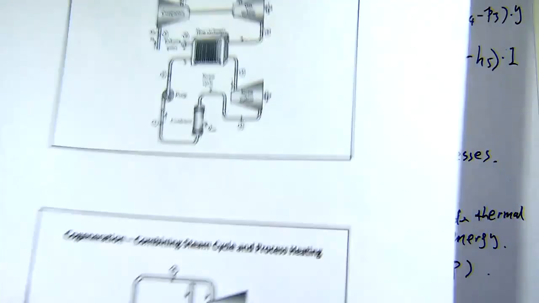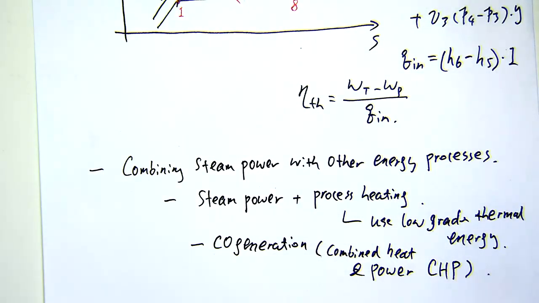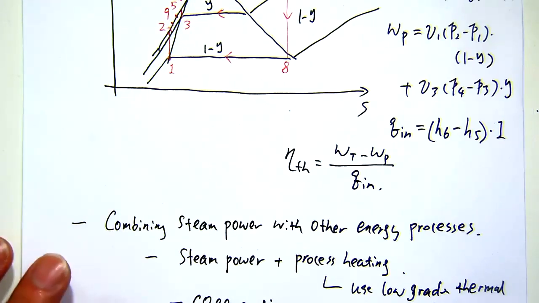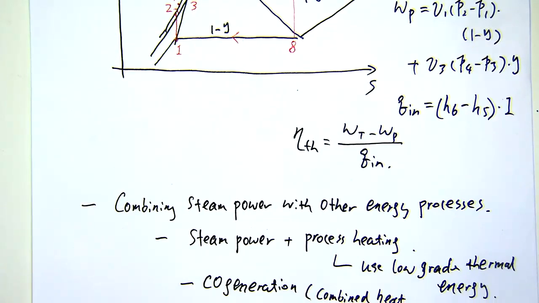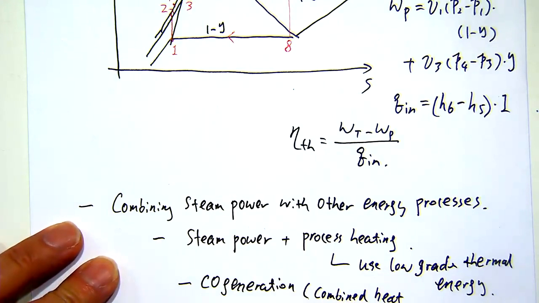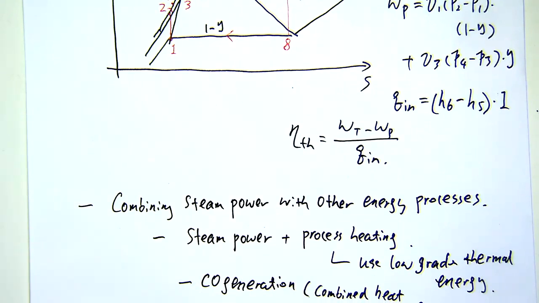And this process, the efficiency, or I shouldn't say efficiency, the effectiveness of this process is characterized by something called the utilization factor. It's a pretty straightforward definition, similar to the efficiency, except here we don't really convert all the heat to work, right?